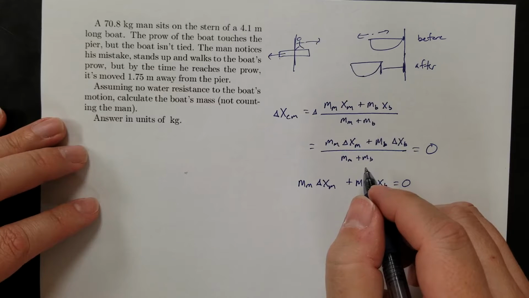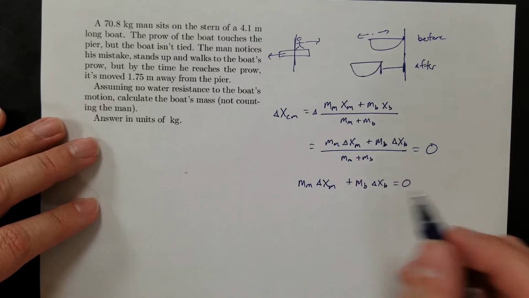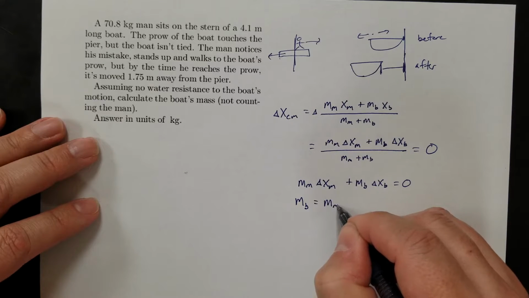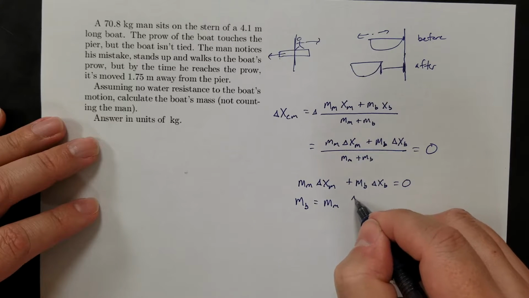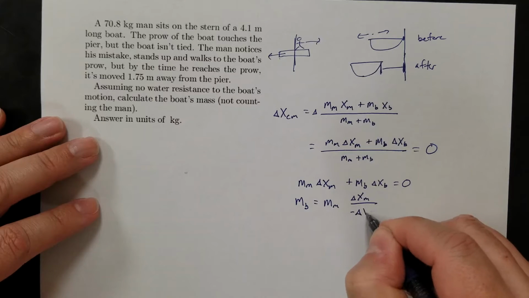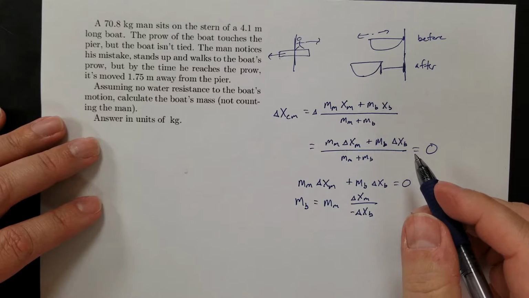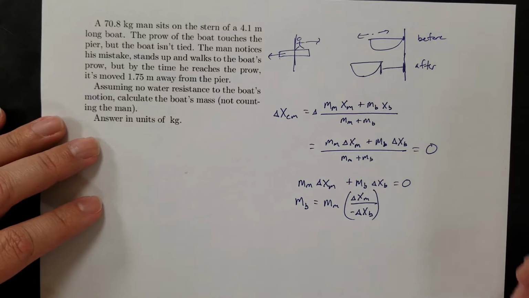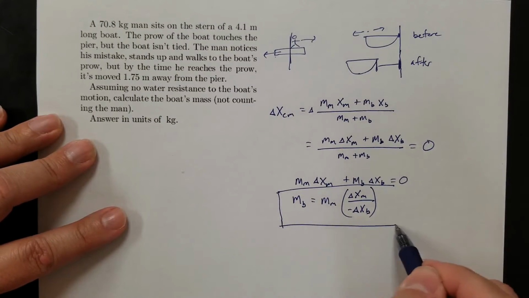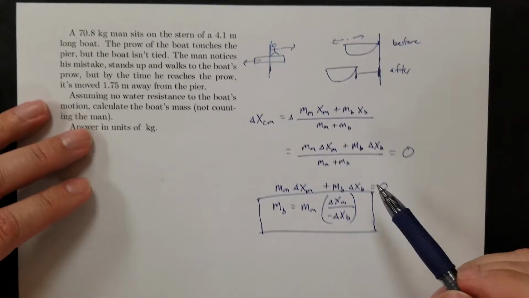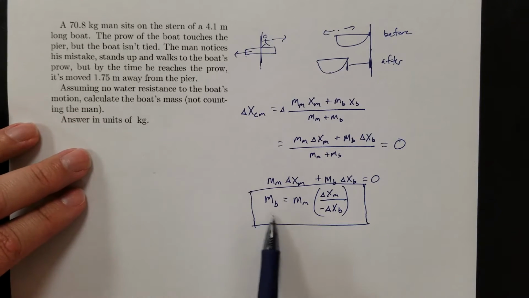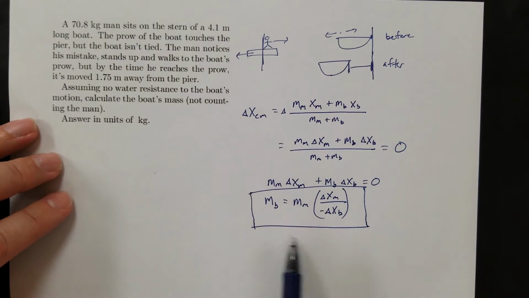So that means the mass of the boat equals mass of the man times delta x of man over negative delta x of the boat, right? If I do some algebra, and that is what I can use to solve. Okay, so I know the mass of the boat. No, I don't. I'm solving for the mass of the boat. Oh yeah, look, I know the mass of the man though, 70.8.